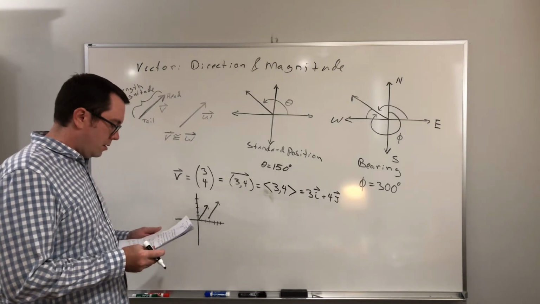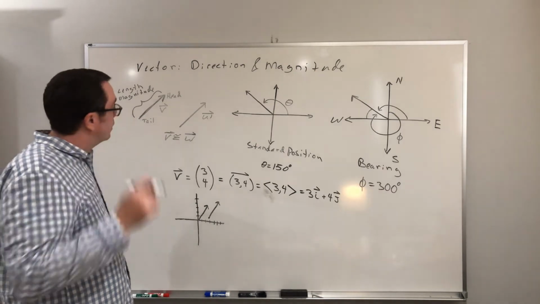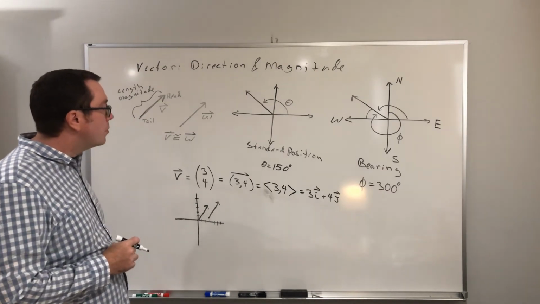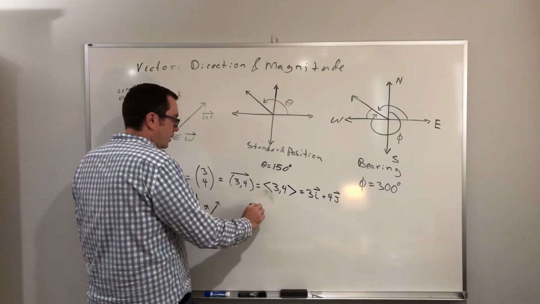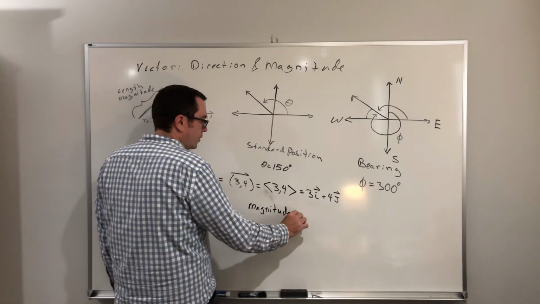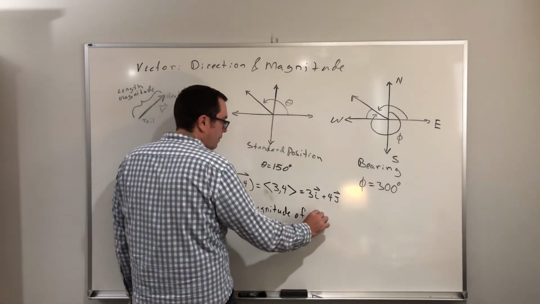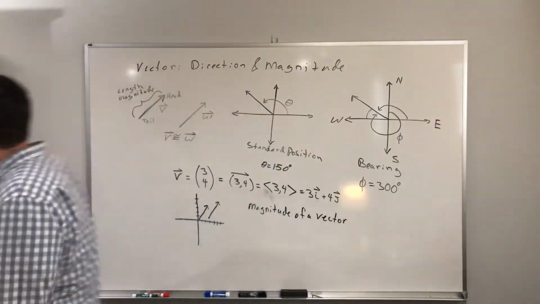Let's see here. The magnitude of a vector. I wish my whiteboard was a little bit bigger. So the magnitude of a vector, I think I can squeeze it in here. That light, I'm going to turn it off.